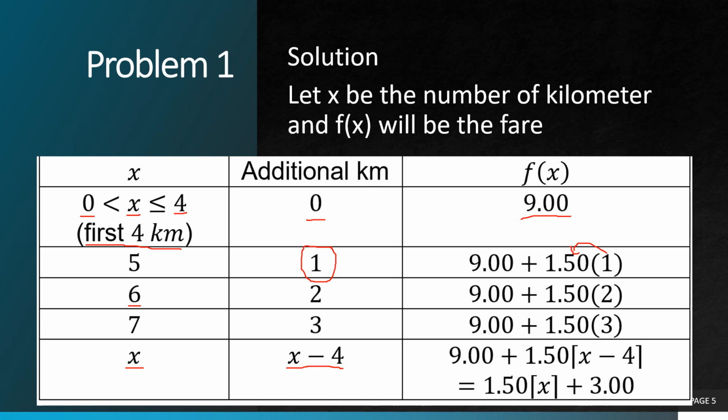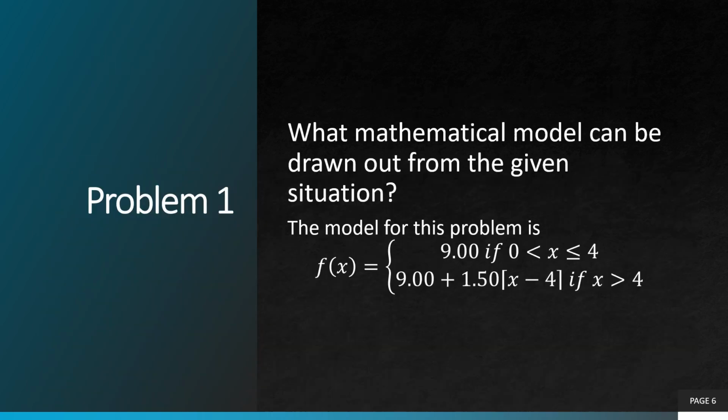In other words, the mathematical model for the problem is given by the fare: it is 9 pesos if the number of kilometers x is greater than 0 but less than or equal to 4. It means the number of kilometers is within the first 4 kilometers. But if it exceeds 4 kilometers, which means x is greater than 4, we have to follow this rule to compute the fare.